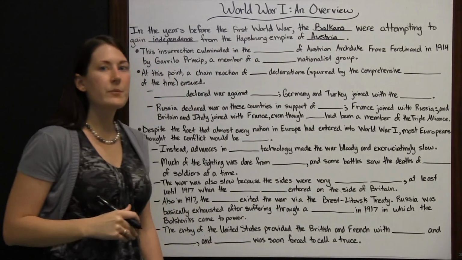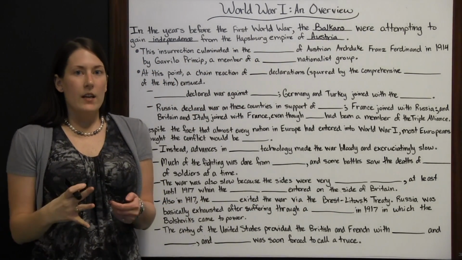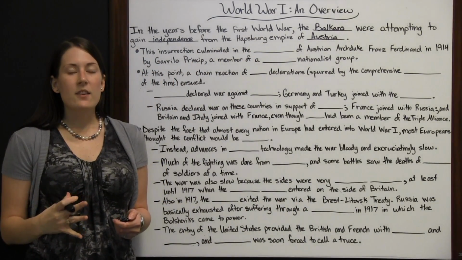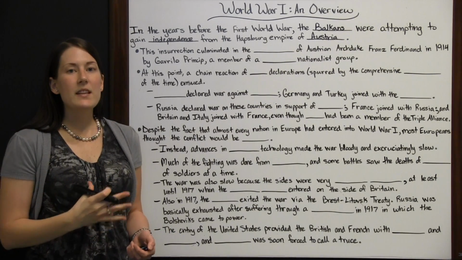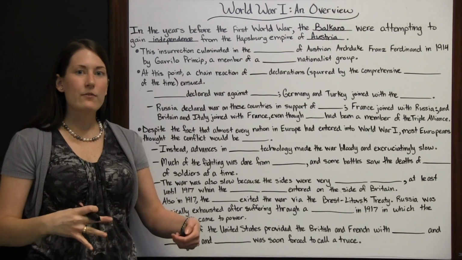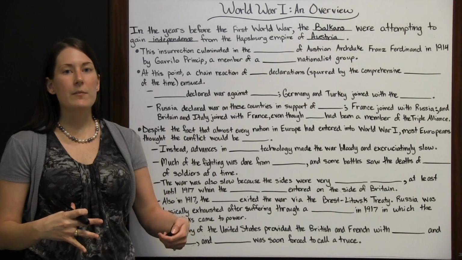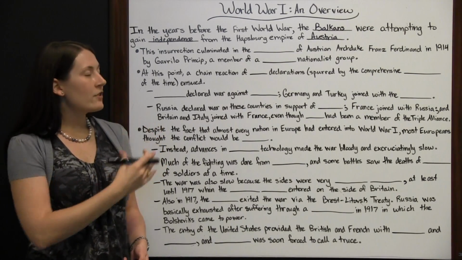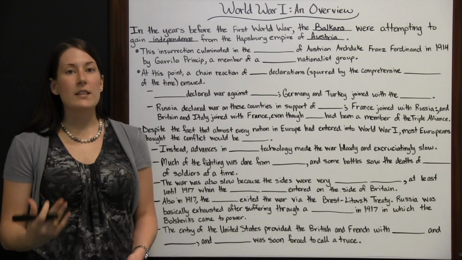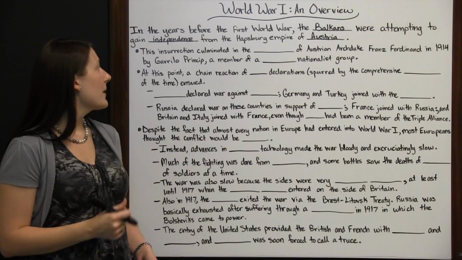So the Balkans were a conglomeration of city-states on the Balkan Peninsula. And so different city-states within the Balkans, or that resided geographically on the Balkan Peninsula, didn't like being a part of the Austrian Empire, and so they were trying to gain their independence from Austria.